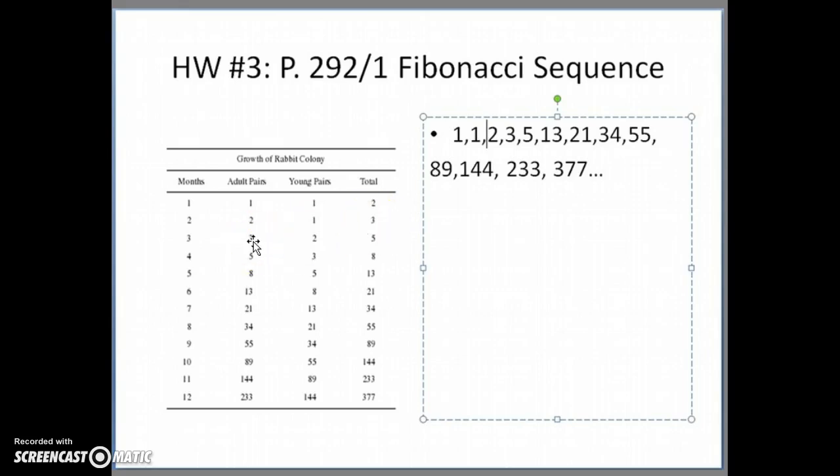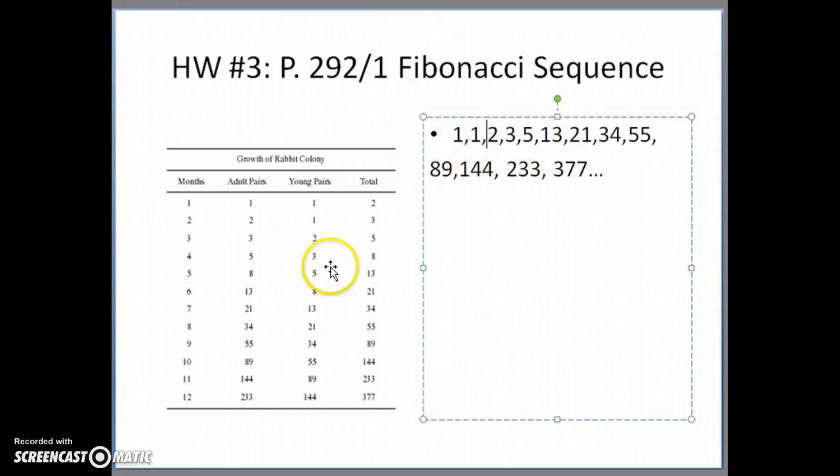And the third month, we have 2 adult pairs, because suppose it took a month for the young pair to grow to become an adult pair. So then these 2 adult pairs will give birth to 2 young pairs. So we have 2, and then together we have 5 pairs. It's kind of like that.